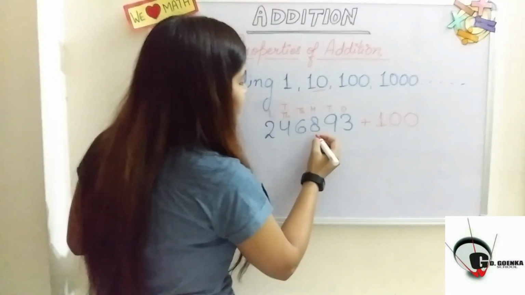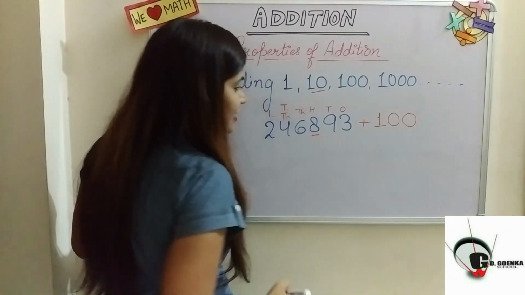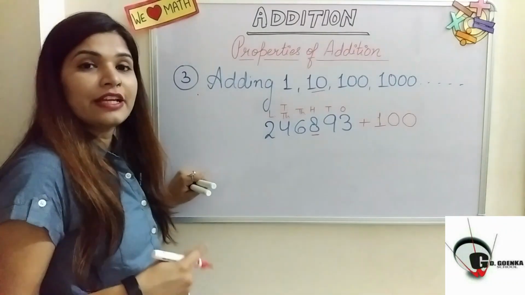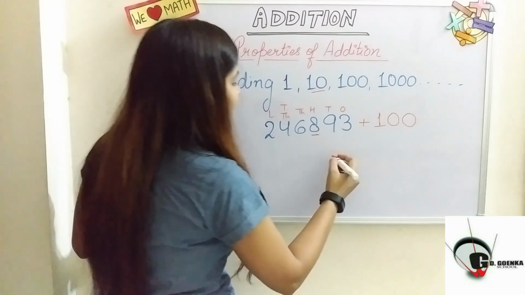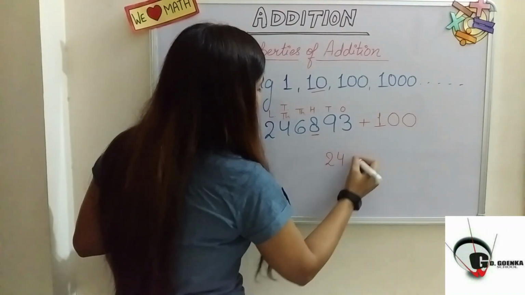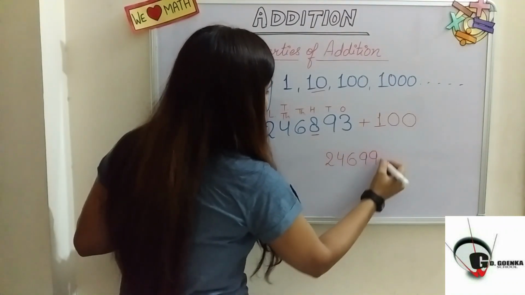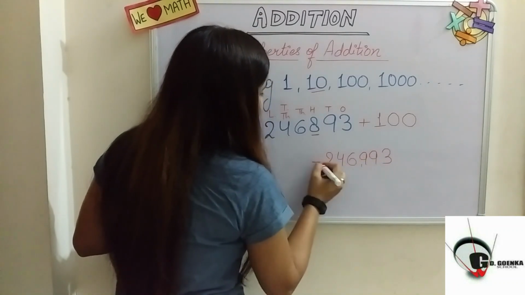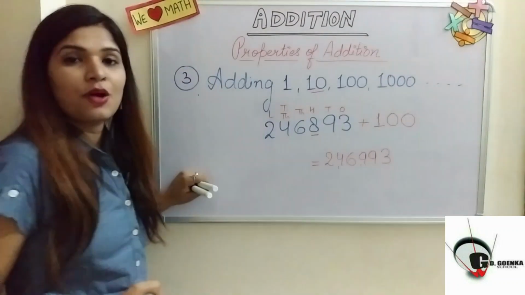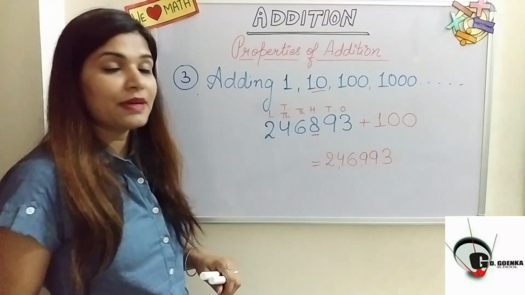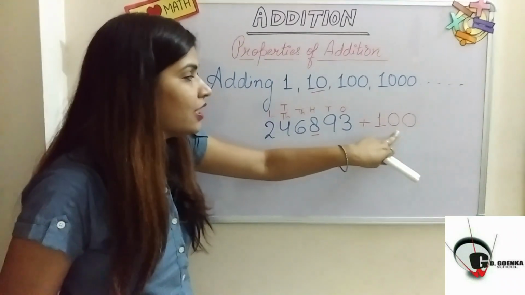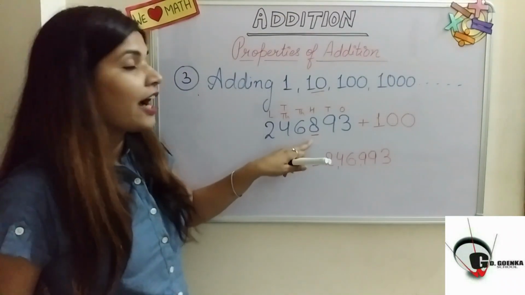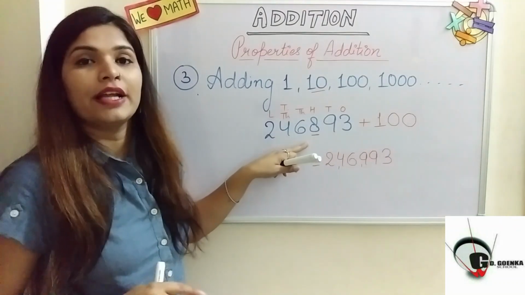So what is the digit at the 100 place? Yes, it is 8. So that means 8 will increase by 1. So we'll get the answer 246993, that is 2,46,993. That means when we add 100, the digit at the 100 place will increase by 1.